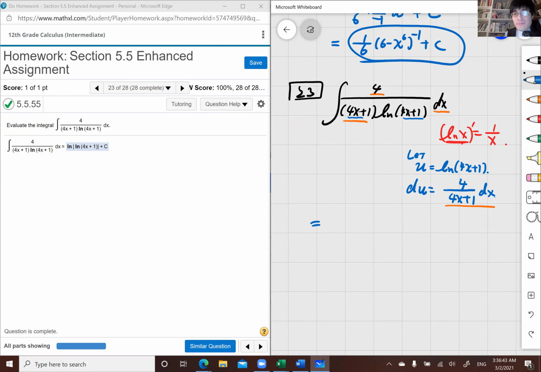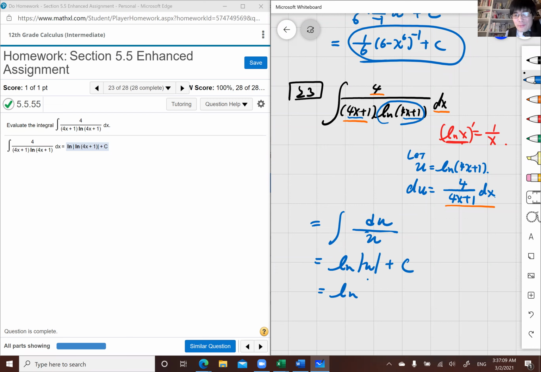Okay, so after you substitute, it's going to be ln of u. No, sorry, I include ln in u. So it's going to be u here. This is u, and everything else combined together is du. So the integral of this one is going to be ln of the absolute value of u by the formula.